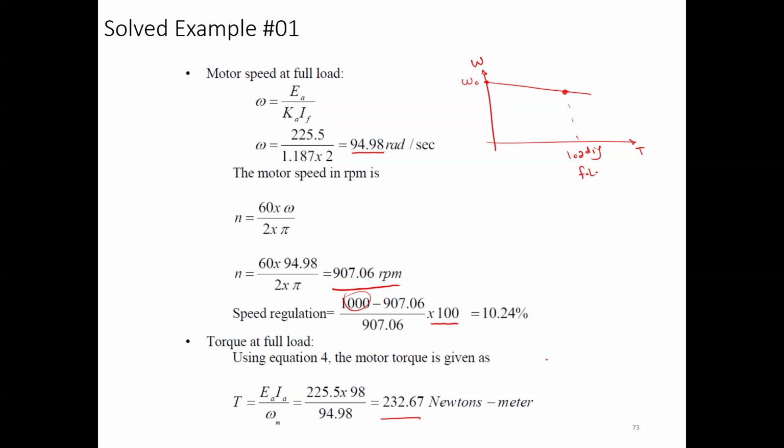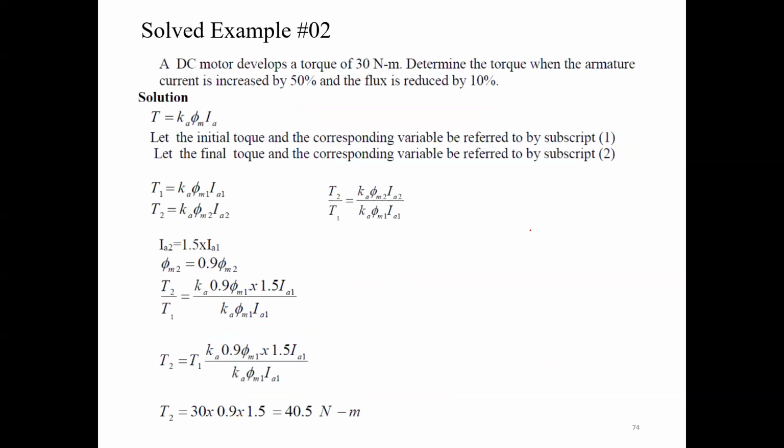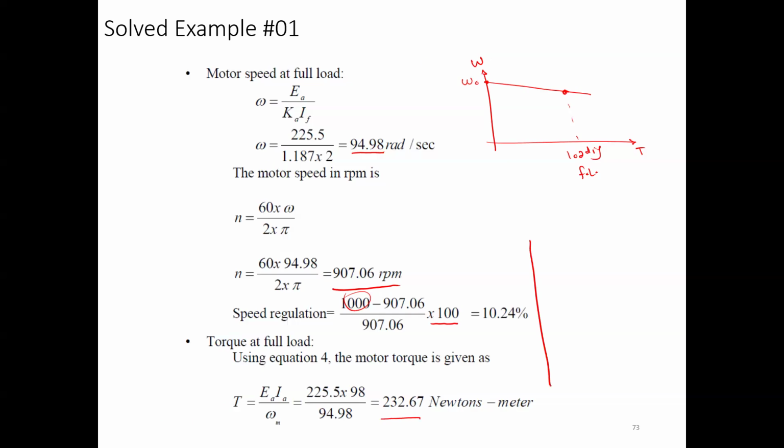Another way you can use, let's see. Okay, so it's not solved by the other way. So we can say another way: torque equals Ka times phi times Ia. Here in this question, instead of Ka phi, we use K IF, the form of K IF.